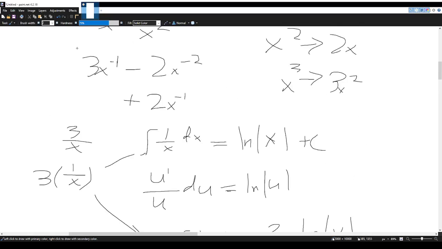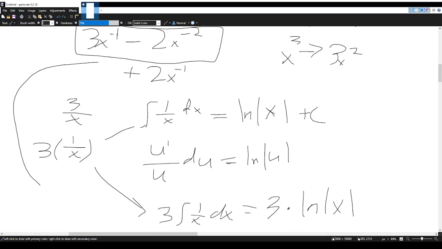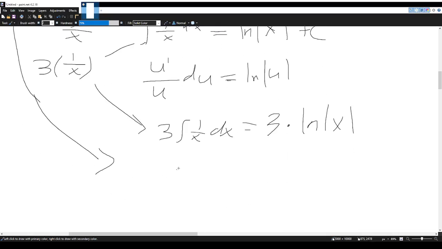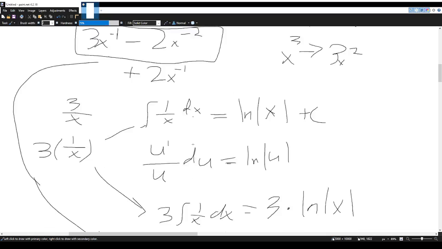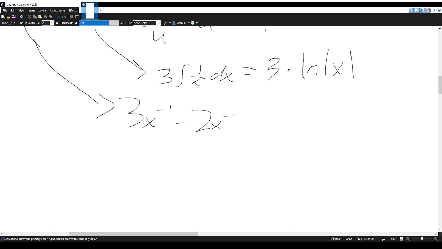So basically what we have here, right, is our full antiderivative. Let me write this out again: 3x to the negative 1 minus 2x to the negative 2. The antiderivative of this, I'm bad at drawing these things. I think everybody's bad at drawing these things, though, to be fair.